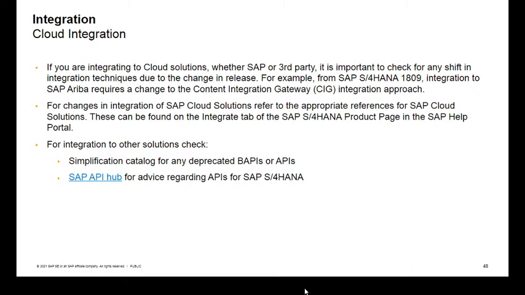So check if there's any dependency at that end. You can also look into our simplified APIs, the simplification item list basically, and you should also look into the SAP API Hub, which will tell you if there's any changes with the APIs, maybe additional capabilities, where you can also extend the integration.